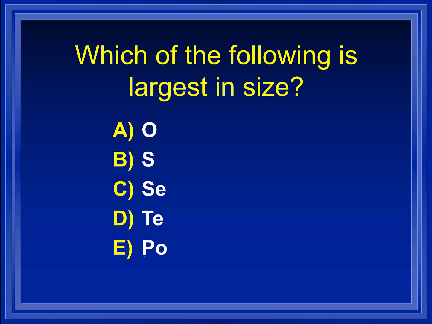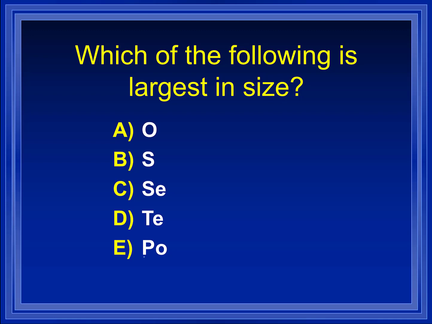So, got a question? Feel free to ask. Which of the following is largest in size? Once you find them on the periodic table, find the first one. The rest are pretty easy to find. I didn't give you a bunch of random ones. Okay. So what trend are we talking about here?